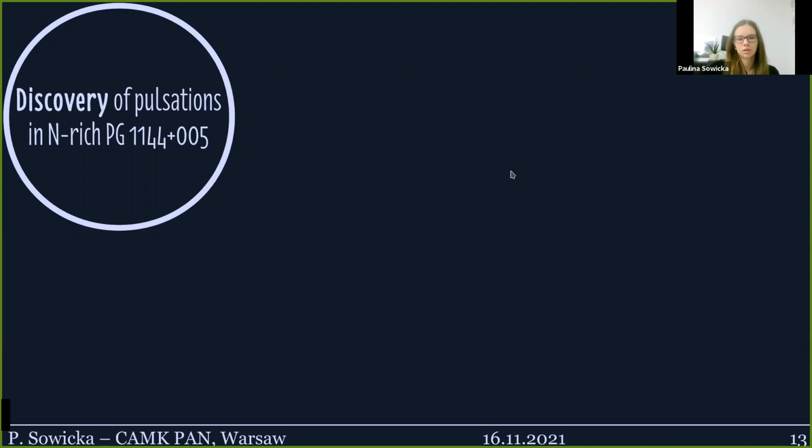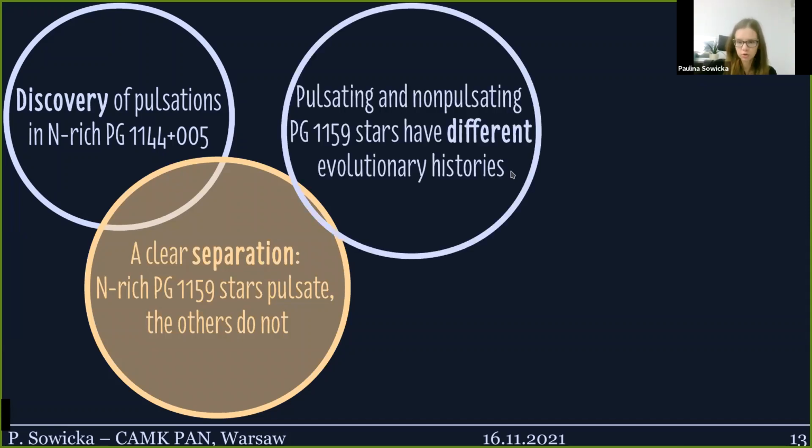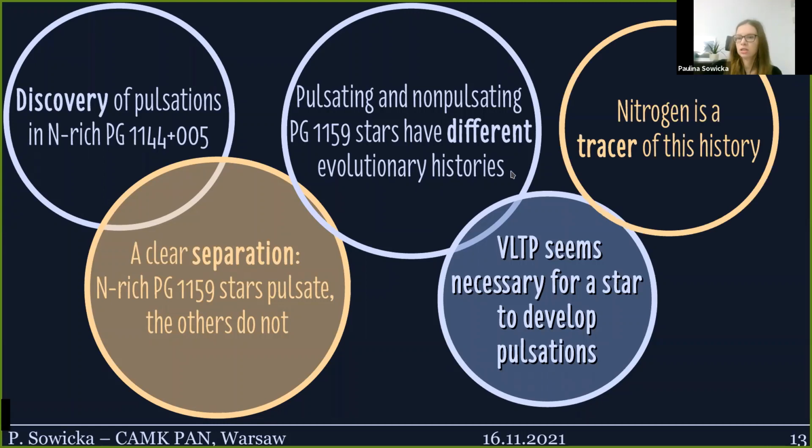This is evidence that the pulsating and non-pulsating PG1159 stars have different evolutionary histories. And it actually seems necessary that a star has to undergo a very late thermal pulse that produces that nitrogen to become a pulsator. And that nitrogen is just a tracer of this evolutionary history.